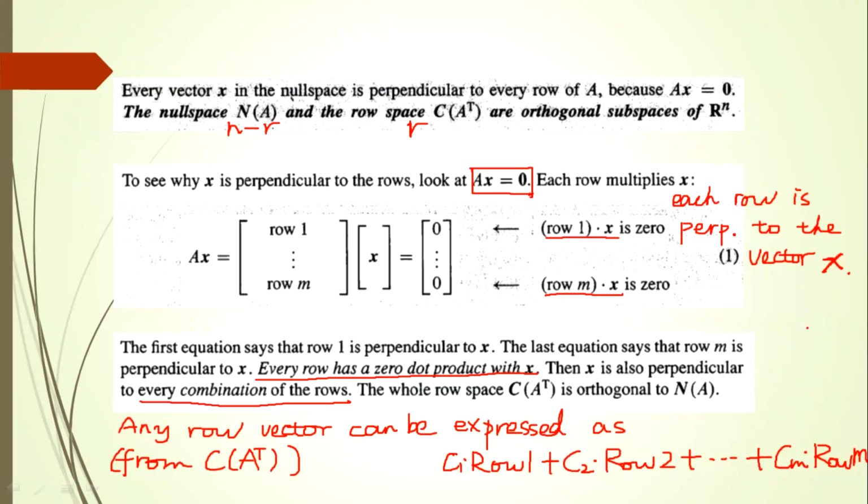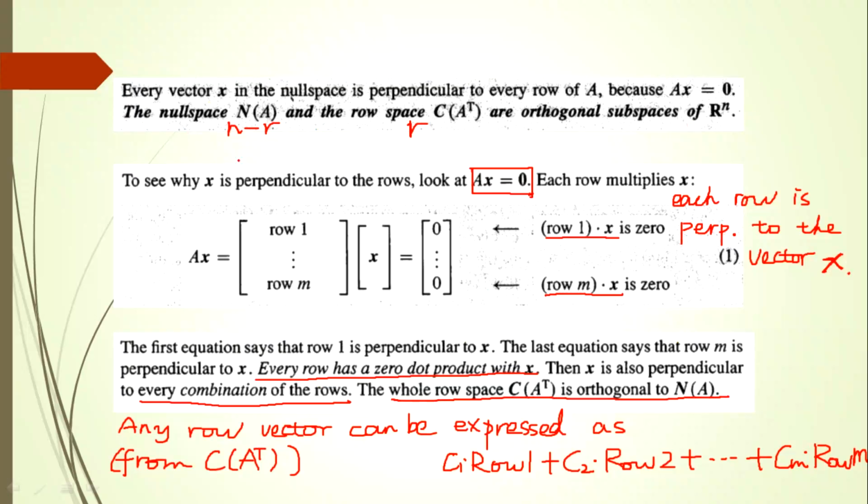What is this x? This x is the solution to the linear system Ax equals 0, which means this x is every vector from the null space. That's why we said the whole row space is orthogonal to the null space. And we know they are both subspaces of Rn.